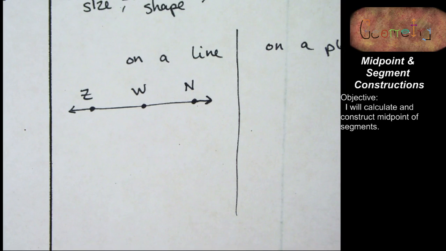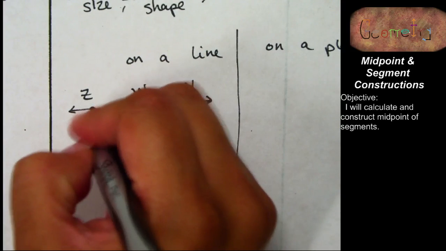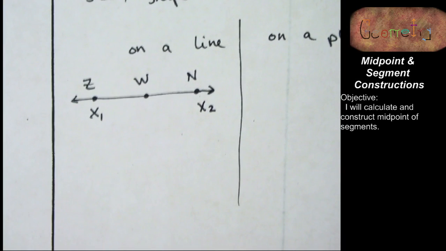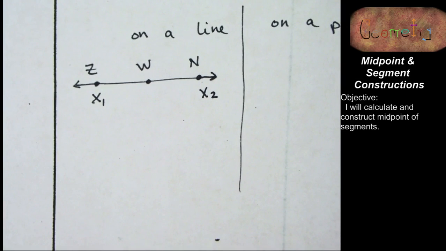Just like with distance, we can use the coordinates to arithmetically, using addition and subtraction, calculate the coordinate for the midpoint. In order to do that, I need to know the coordinates of the endpoints. Because we're doing a formula and we want it very general, we're going to use our go-to variables.